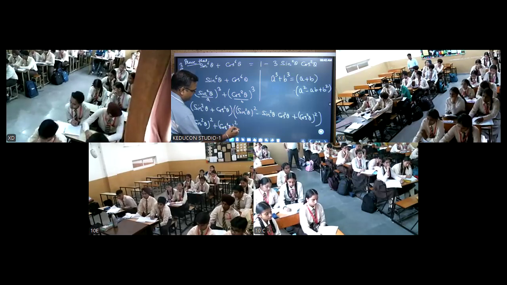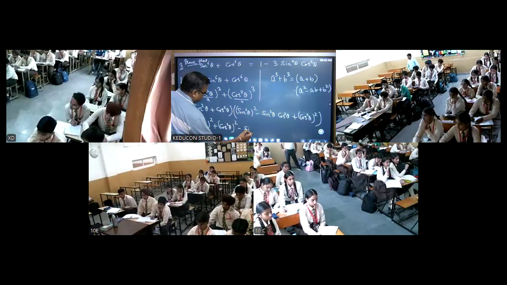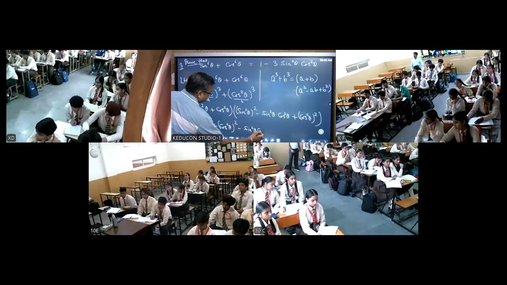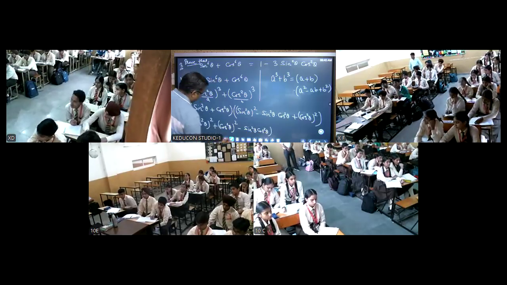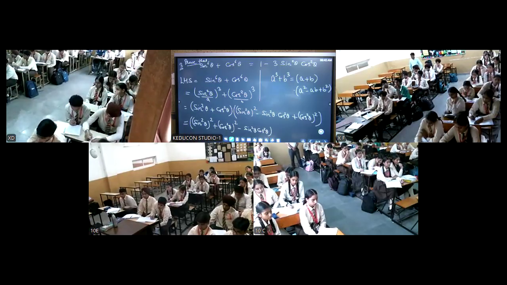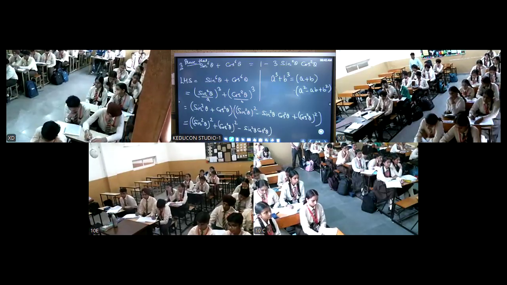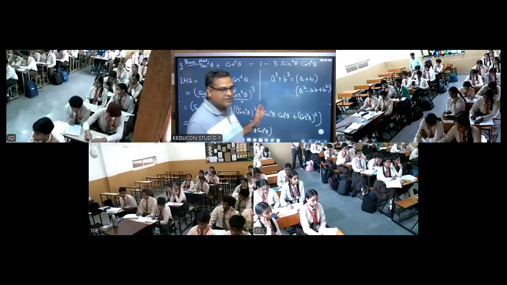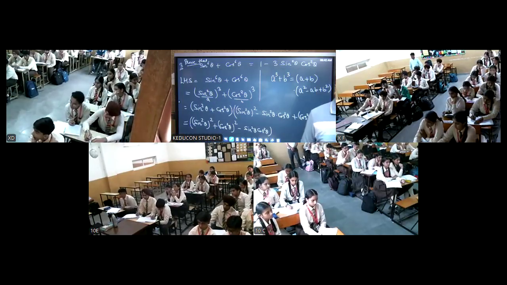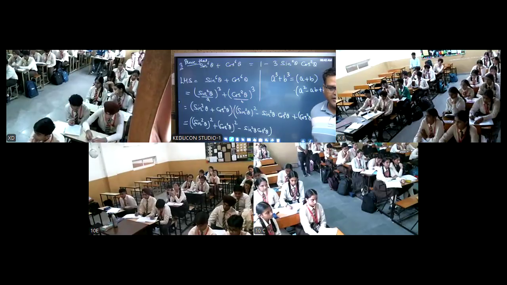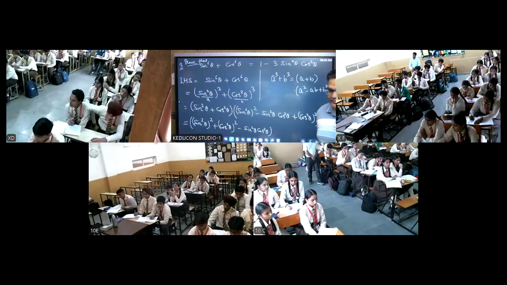Can we write like this? Is this step clear, students? Because sine square theta plus cos square theta will become 1. Is it okay? Yes, sir.